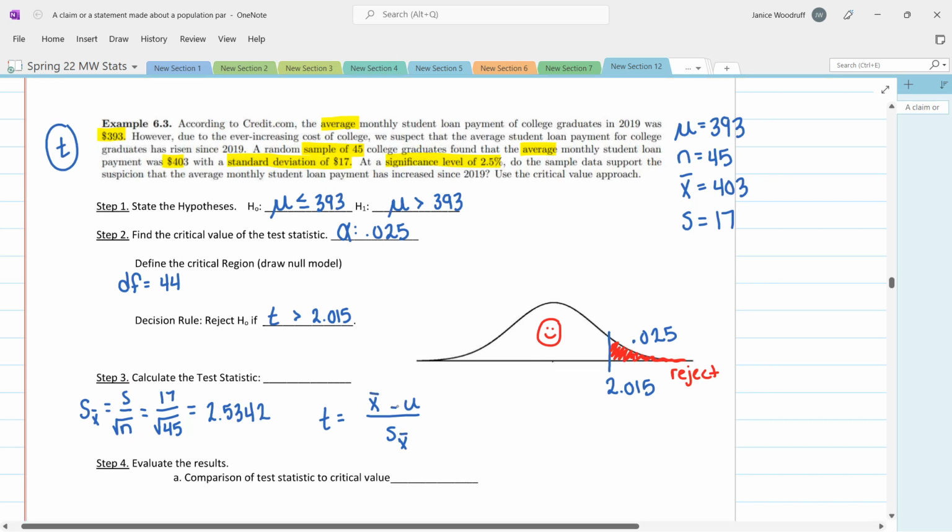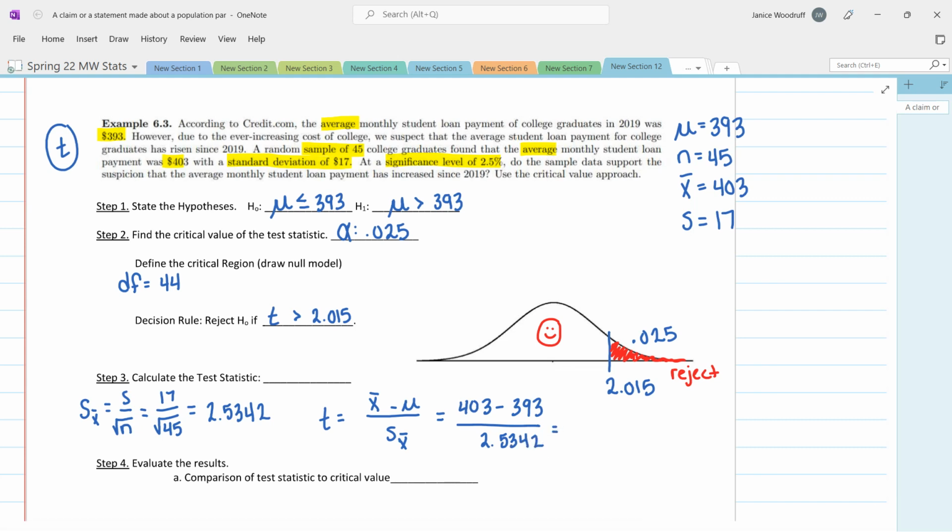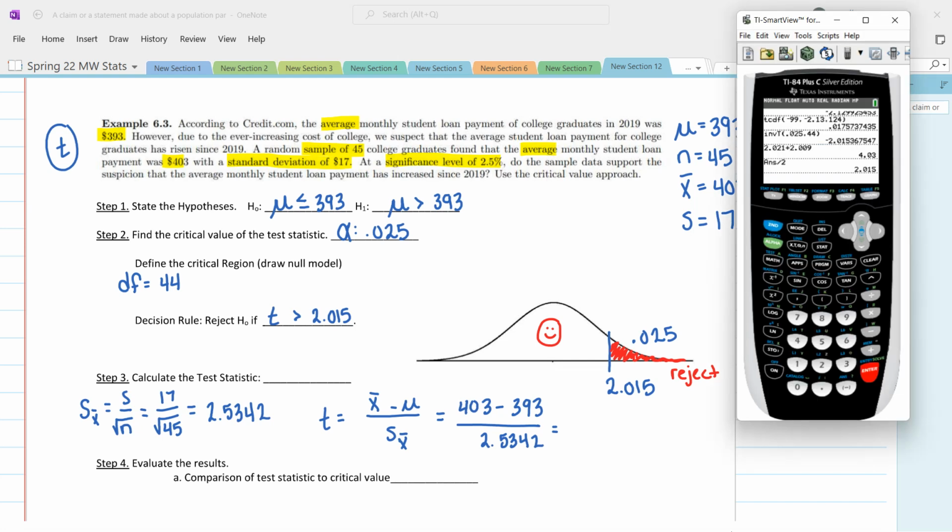There we go. Okay, so x bar we had as 403. The mean was 393 over 2.5342. So 403 minus 393 is 10.